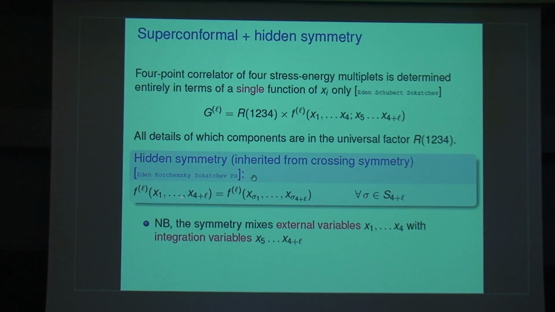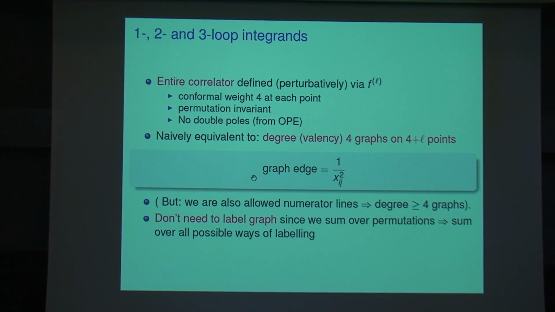In particular, it's completely symmetric, interchanging all variables: the 4 external ones and the integration variables all get mixed together, and it's completely symmetric under this. Okay, so we can use these facts together with the fact that there are no double poles to simply try and write down rational functions that possess all of these properties.